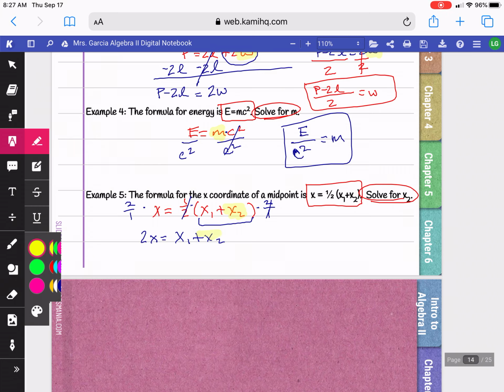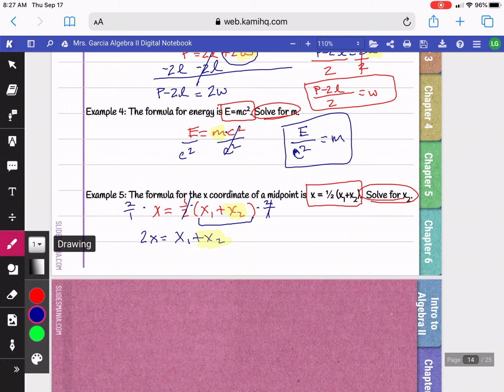We're solving for x2. So right now they're adding a positive x1 to an x2. So we want to get it by itself. We would do negative or minus x1. And what you do to one side, you do to the other. These are not like terms because x and x1 are different. So I would just leave it 2x minus x1 equals positive x2.